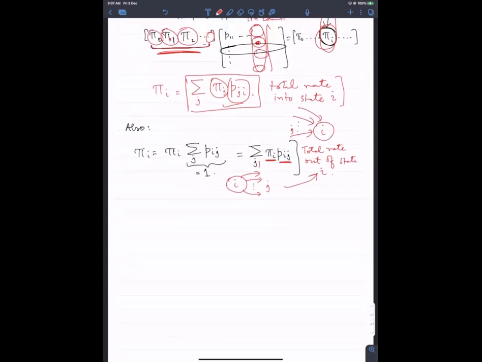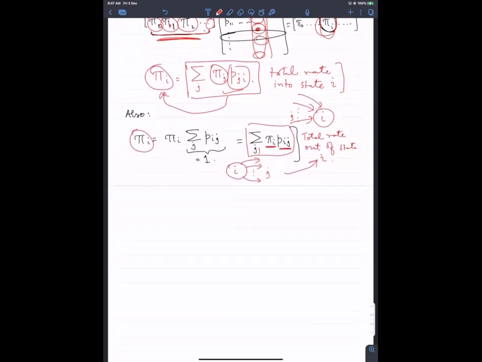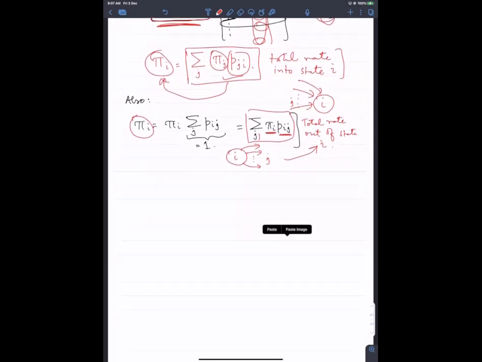What that means is that this one equals pi i, and this one also equals pi i. So pi i is basically the summation over all j of pi i into p ij, and it is equal to the summation over j of pi j p ji.